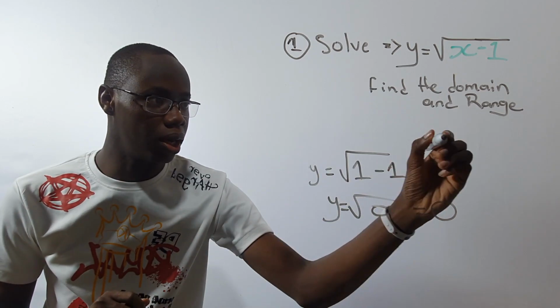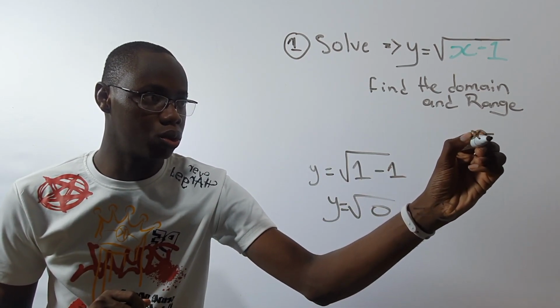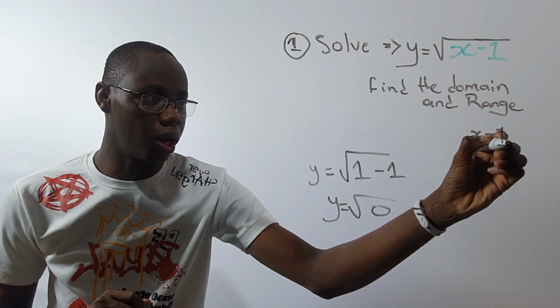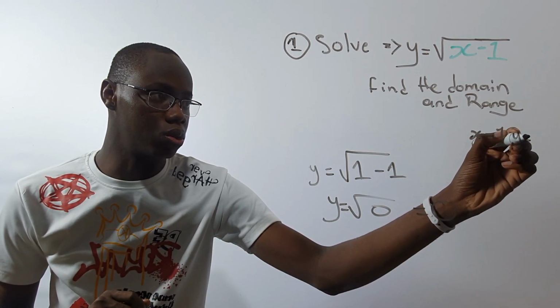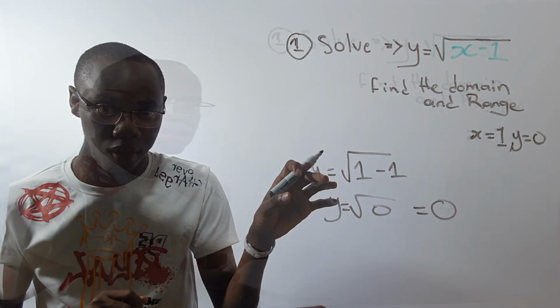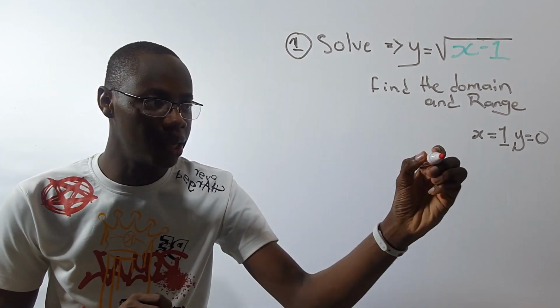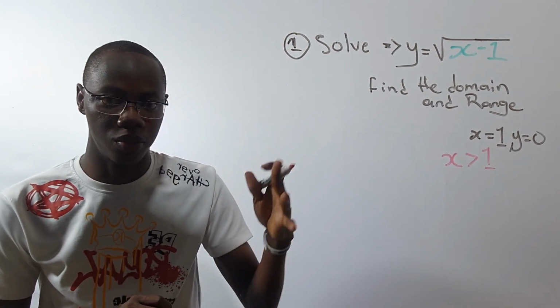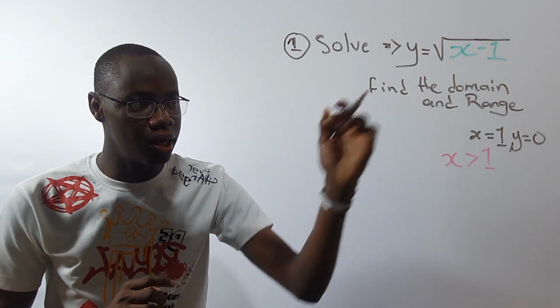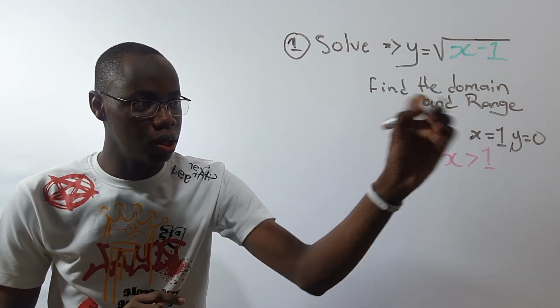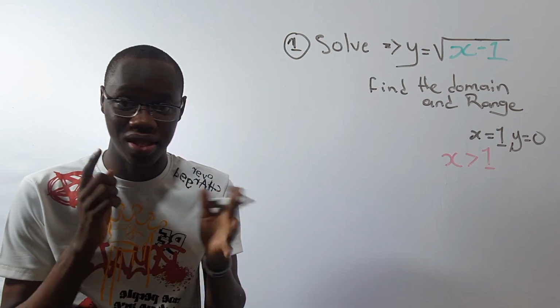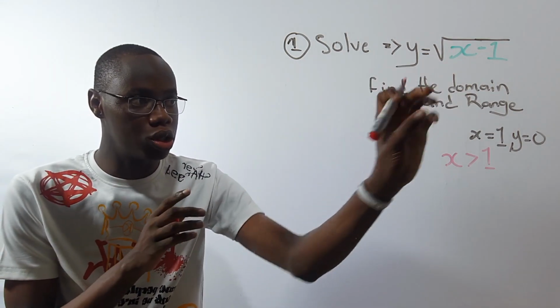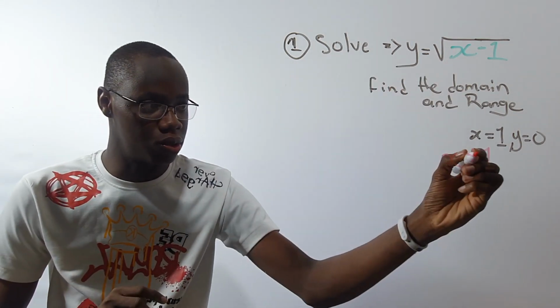When x is equal to 1, y is equal to 0. Makes sense, right? So now, what happens when x is greater than 1? For example, let's assume x is greater than 1. We're just testing things to find out what the domain and the range is, and it makes sense very soon.